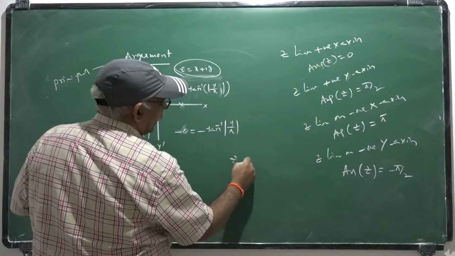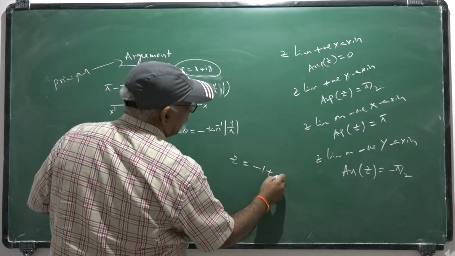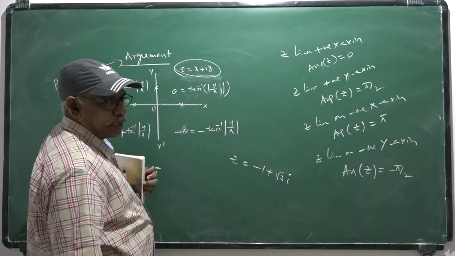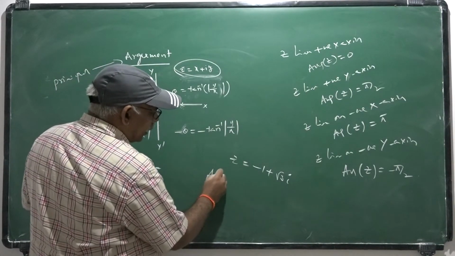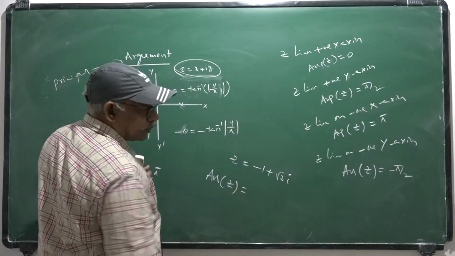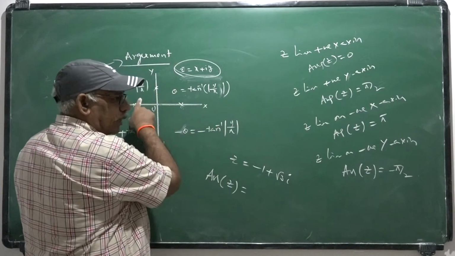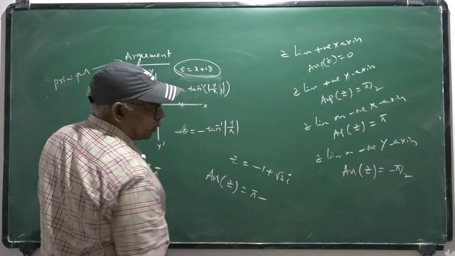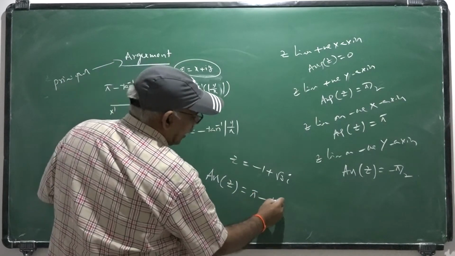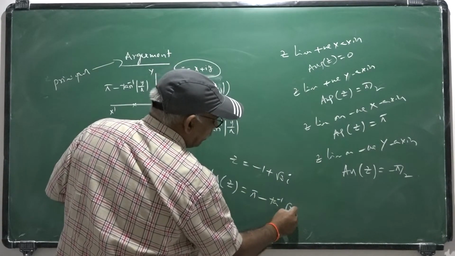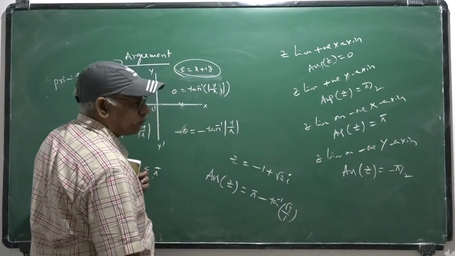For example, I will take minus 1 plus root 3i. The principal argument of z is, since x is negative and y is positive, it lies in the second quadrant. So I will take the principal argument as pi minus tan inverse of, taking the modulus of these values, y by x is root 3.